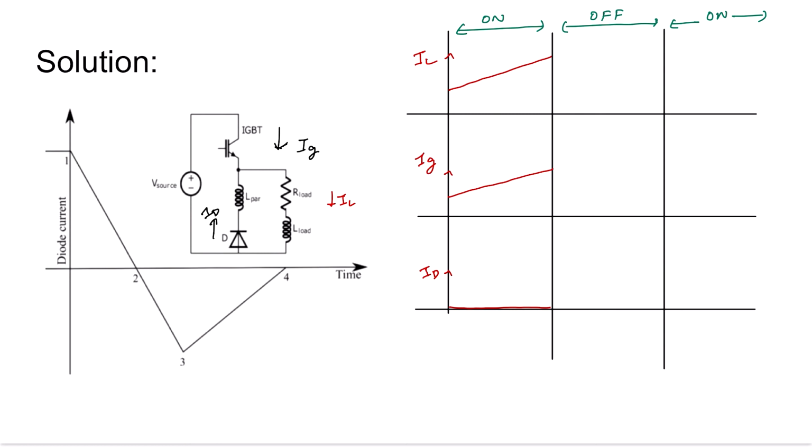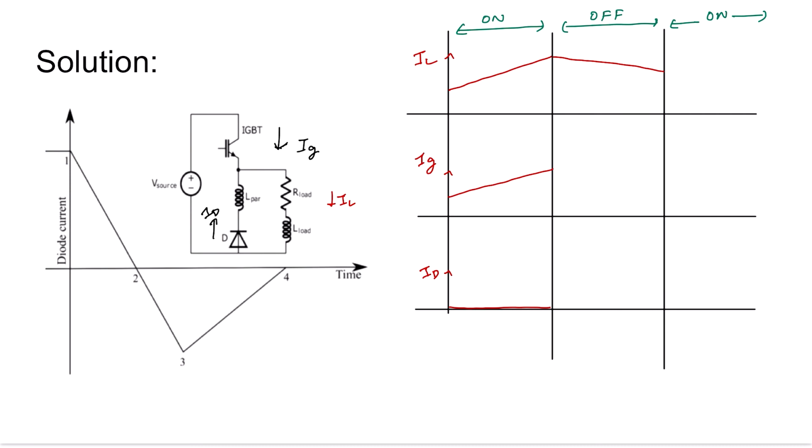Now let us go to the off time when the IGBT is not switched on. Due to the RL nature of the load, current cannot change instantaneously. So it conducts through the diode. Ideally, the diode will not have any losses and the current through the load will decay a bit.